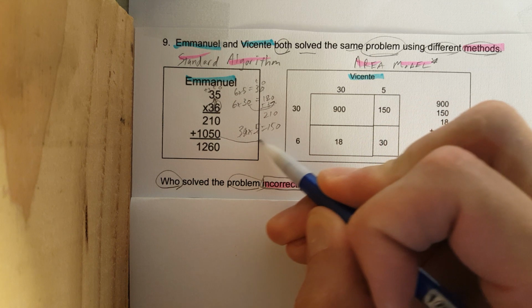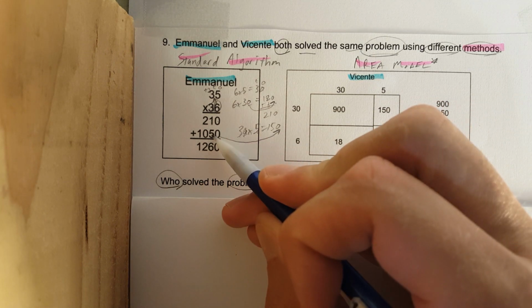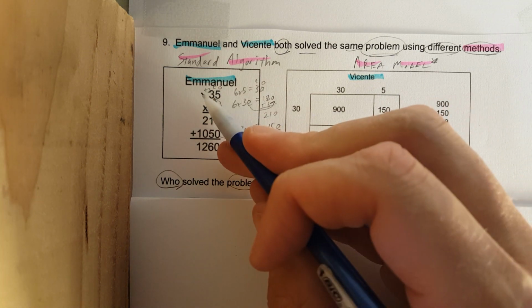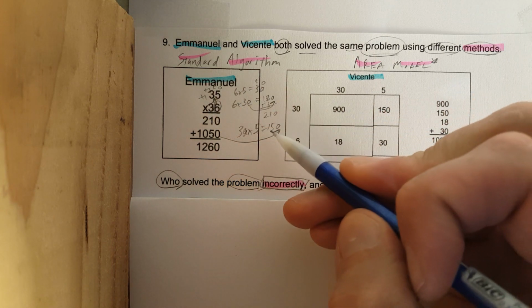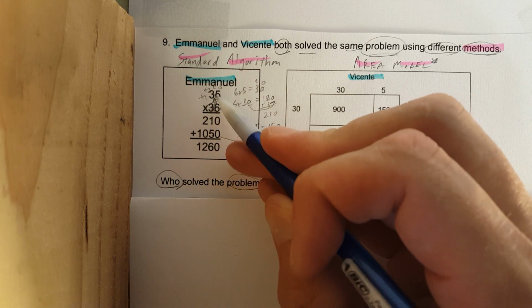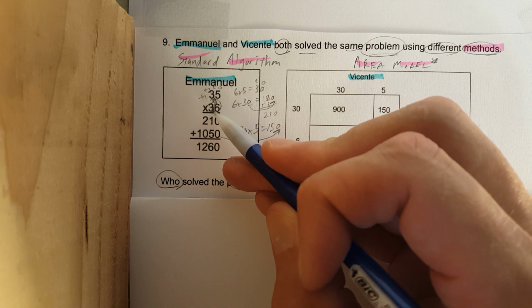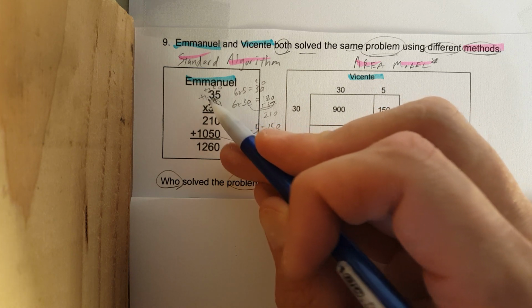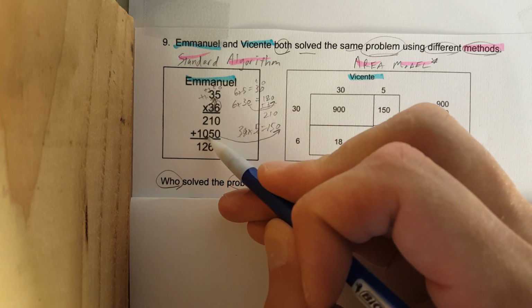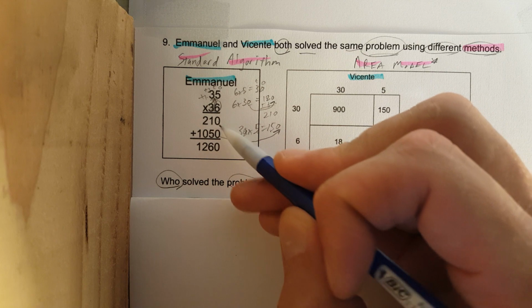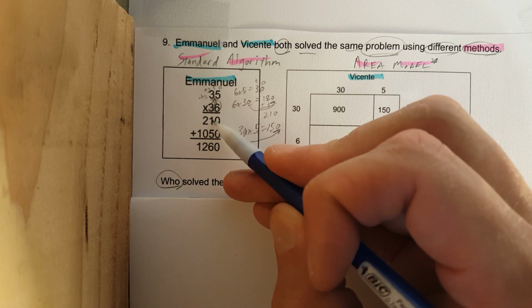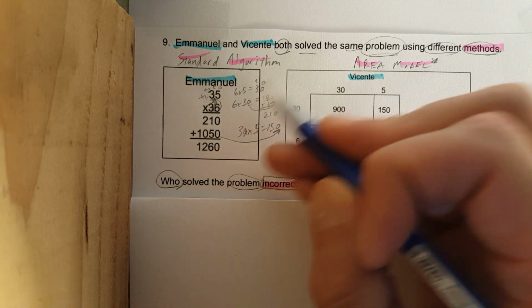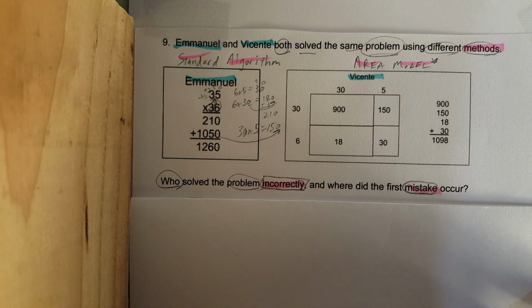See this 0? See the 5? And now we carry the 1 again for standard algorithm. 30 times 30. 3 times 3 is 9. Add the 1, I get 10. There's my 10. 0, 0, 0. 1 plus 5 is 6. 2. Okay, so Emmanuel did standard algorithm correctly.